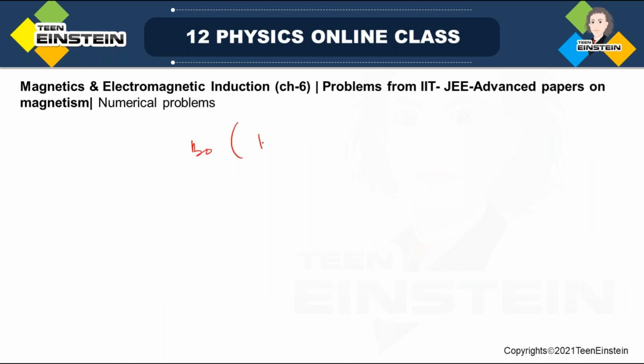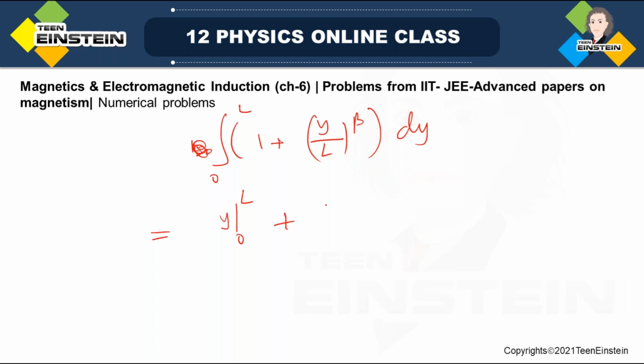B0 times 1 plus y by L whole to the power beta, and this is with respect to dy, with limits 0 to L. So this is y to the power beta plus 1 divided by beta plus 1, and whole to the power L to the power beta, with limit 0 to L.